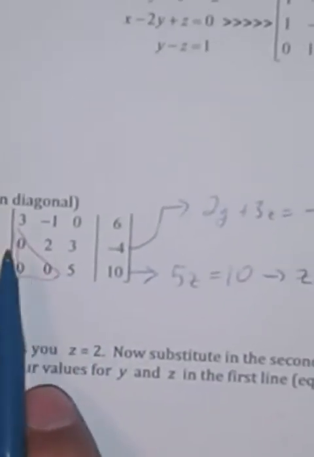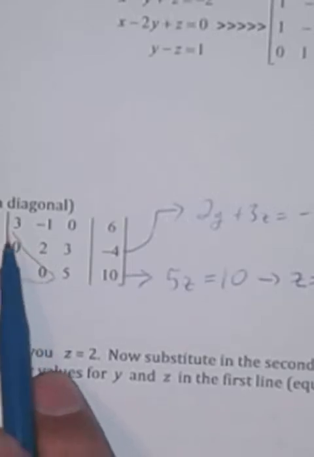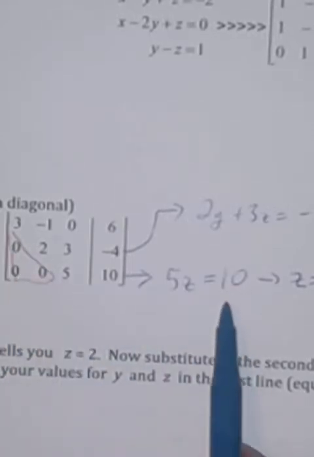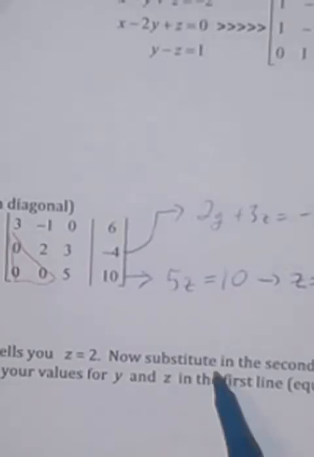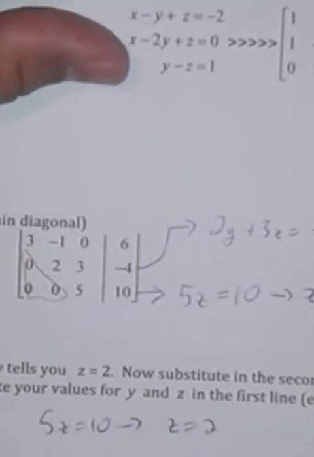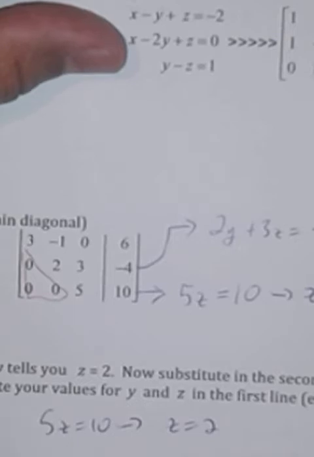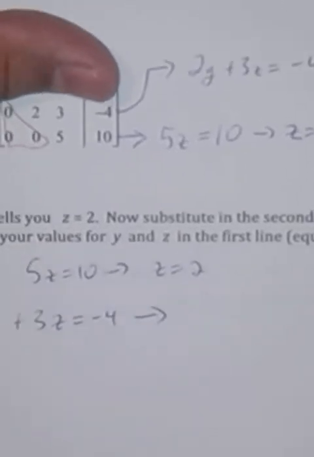So once we have the matrix in row echelon form, then we can just work backwards to solve for all of them. And so let's do that here. So I'm going to write that here. So we have 5z equals 10, which gave us z equals 2. Then we have 2y plus 3z equals negative 4, and we can replace the z.